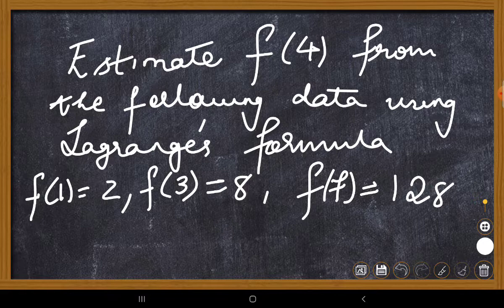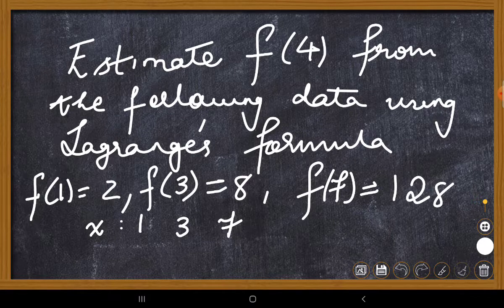So notice here that in this problem, they have not given us the data in the usual manner, so we have to construct that table based on this given data. What are the values of x here? The values of x from this question are 1, 3, 7.